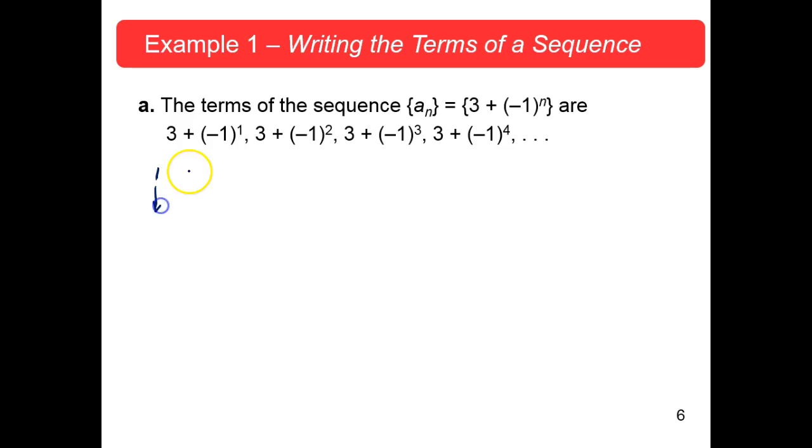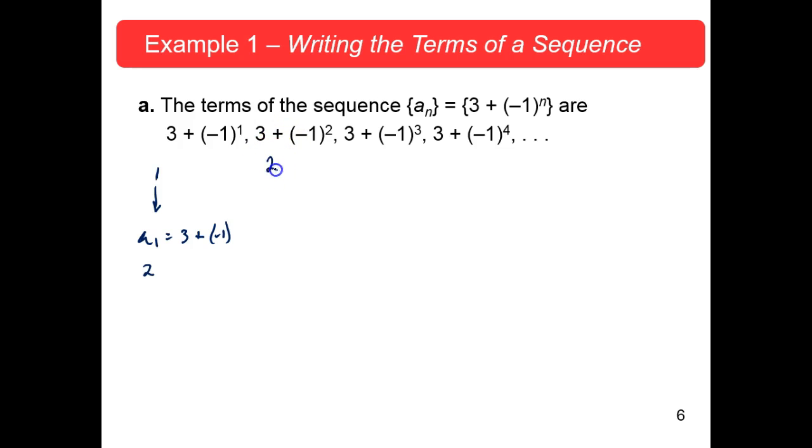1 is going to map into what's a sub 1? Tell me. 3 plus -1, which is 2.